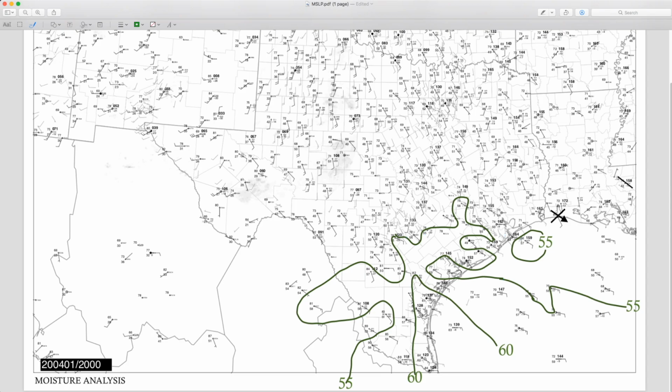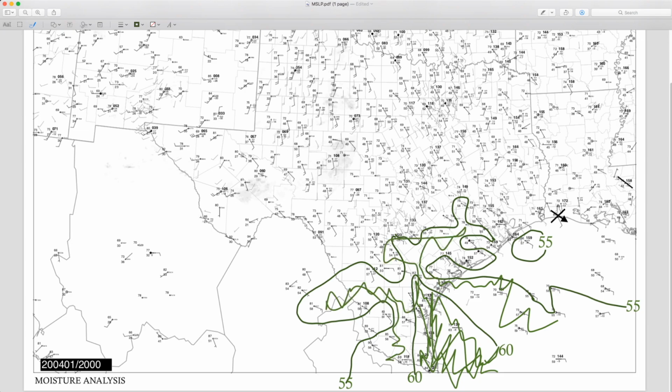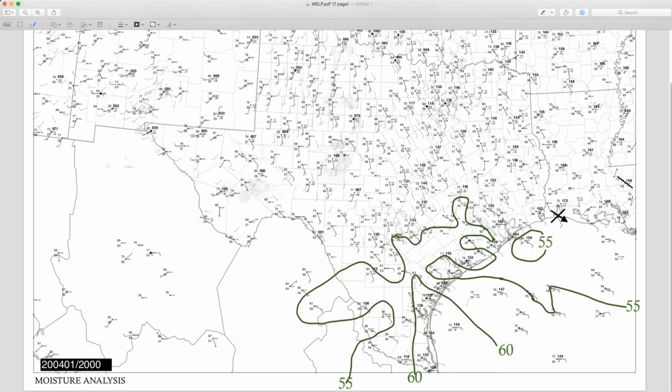But what you need to do is you take your coloring pencil and you fill in this moisture with your coloring pencil. Okay, you fill all of this area that you just, oh, it looks really bad. Once you fill that out, then you basically just did your moisture analysis.